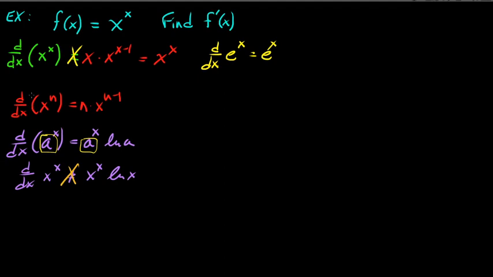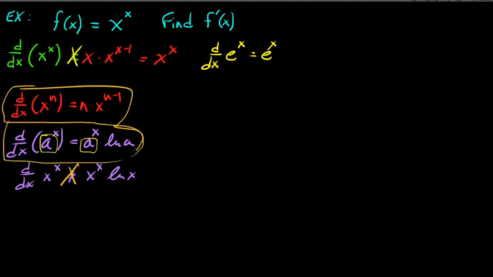So, yeah, we're stuck. We can't use this rule, and we can't use this rule, because both rules imply that either the exponent or the base is a constant, and neither of them are constants here. So we're kind of stuck here. We know what it's not equal to, so what does it equal?